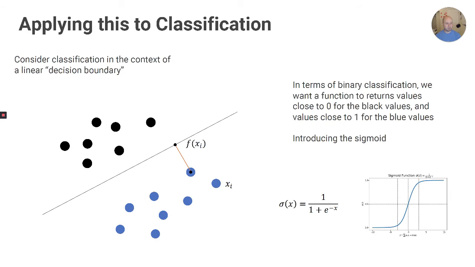If we can come up with a linear model that gives us this relationship between the blue values being high and the black values being very low, meaning positive and negative, we can then map that and have a function that tells us which is which, right? And that line in between is going to be the respective parameters, that linear decision boundary that we defined, if we can figure that out.